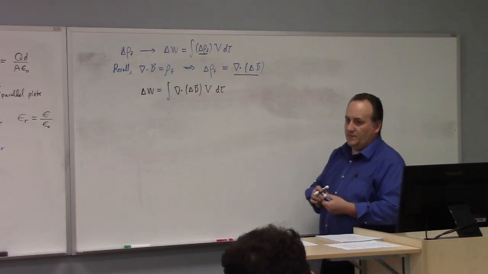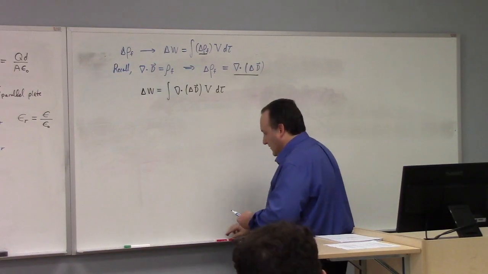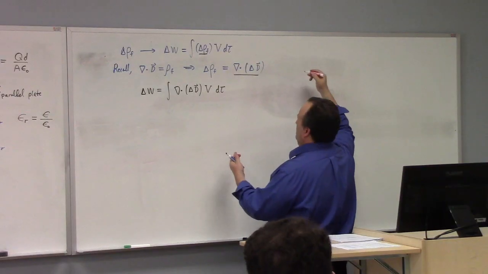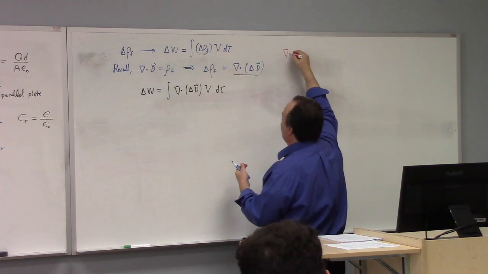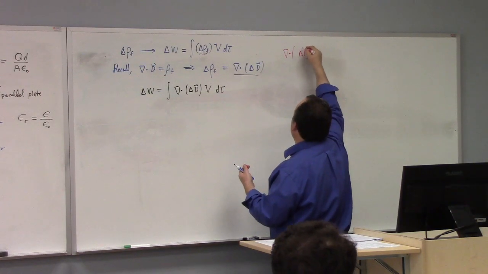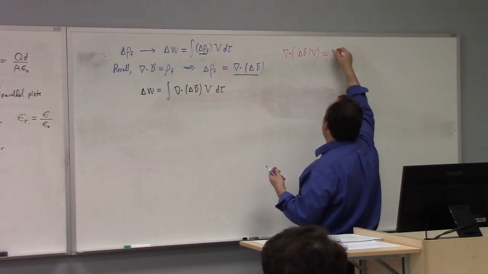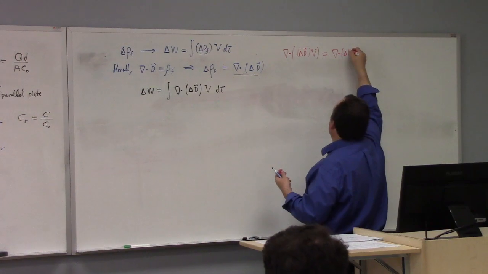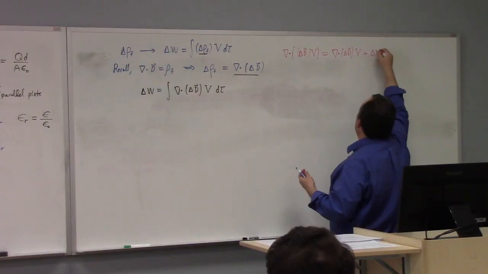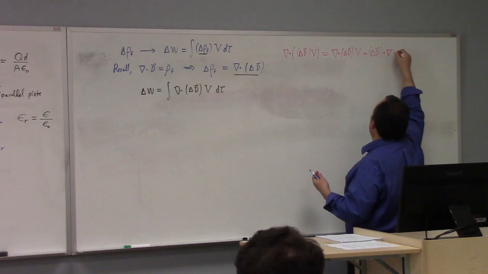Now you've seen this kind of thing before. What do we do when we're faced with an integral like this in a theoretical calculation? We're going to use the product rule. So the divergence of the change in the displacement times the potential is the divergence of the change in the displacement times the potential plus the change in the displacement dot product with the gradient of the potential.